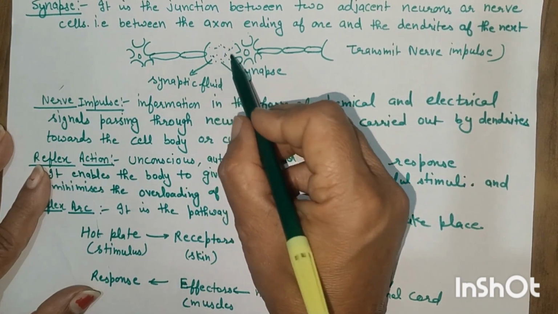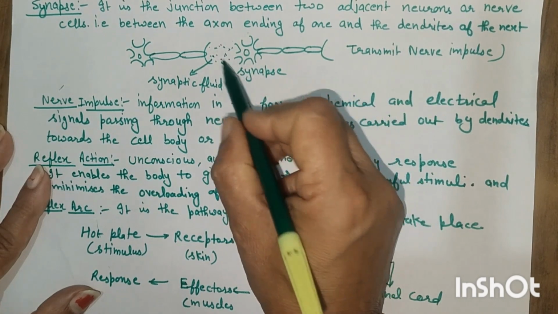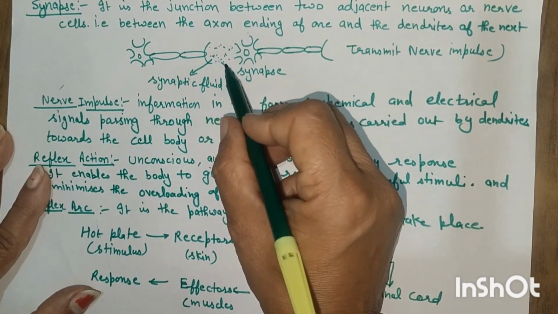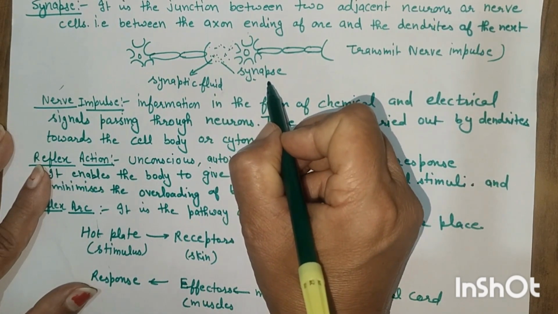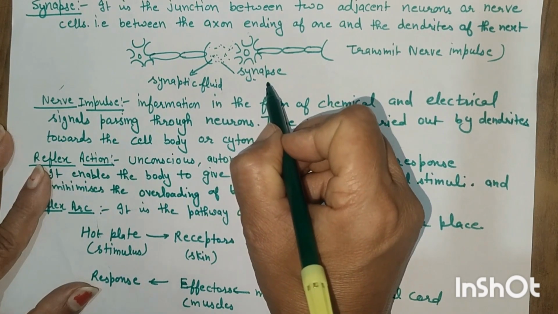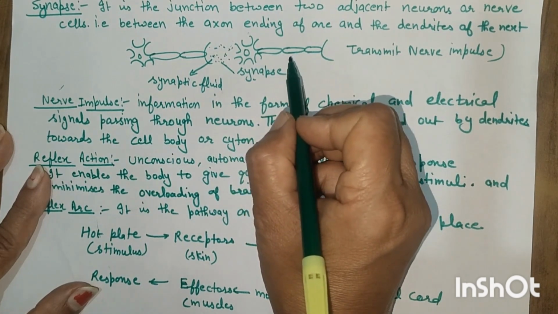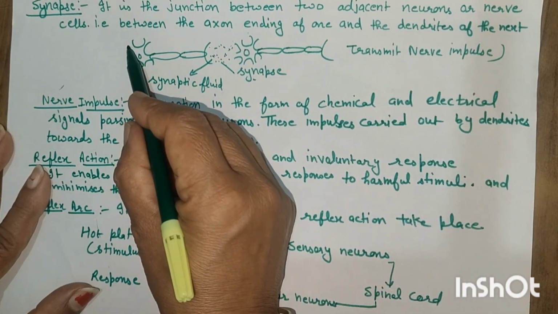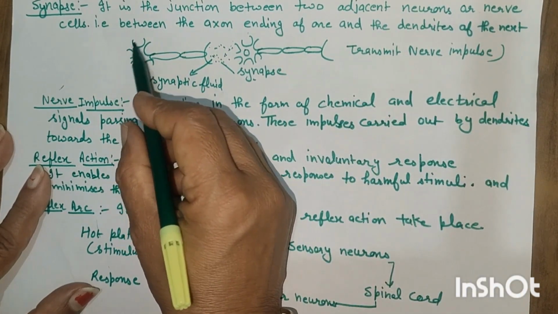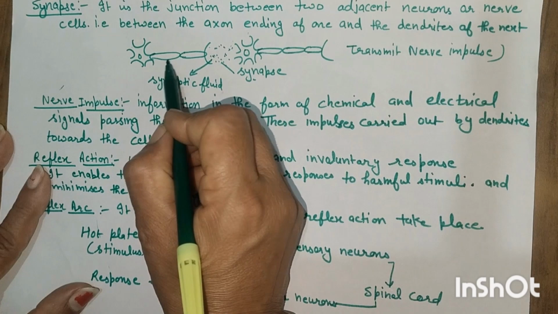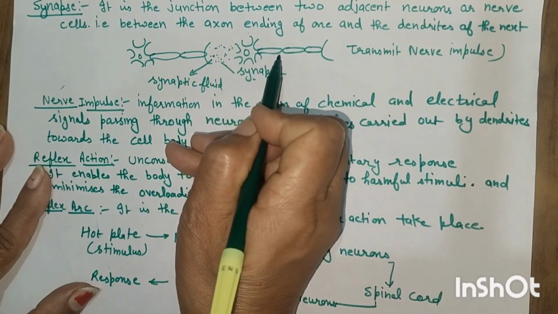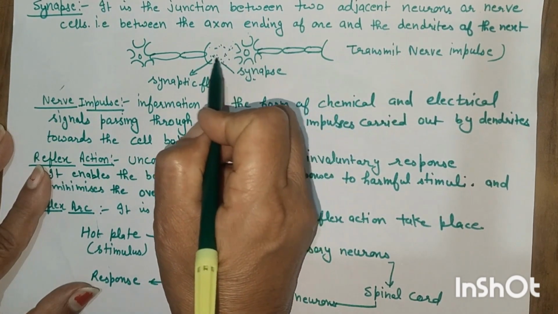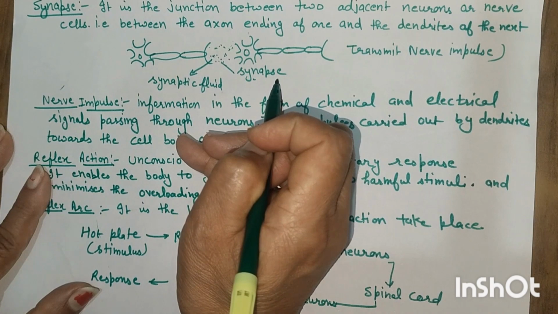The process that takes place at this junction between two nerve cells is called synapse. These nerve cells help in the transmission of the nerve impulse. The impulse is received from one cell and transmitted to the second nerve cell by the process of synapse.